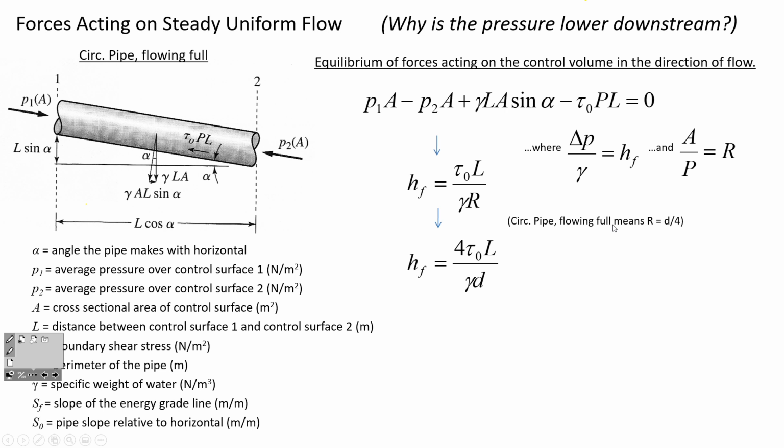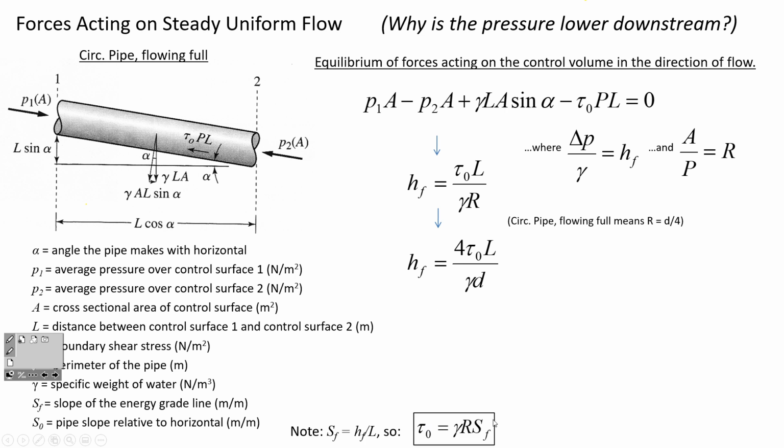And so if we were to divide these two, pi d squared divided by 4 divided by pi d, all that's left is d divided by 4. So the hydraulic radius for a circular pipe is d divided by 4. So the step between this formula and this one was substituting in d divided by 4 in place of r. So that leaves the d in the denominator and flips the 4 up into the numerator algebraically.